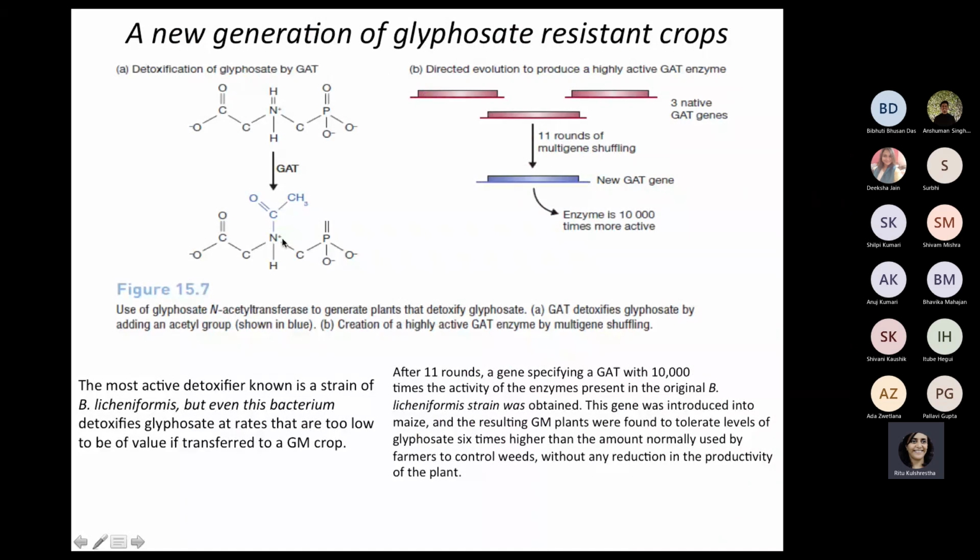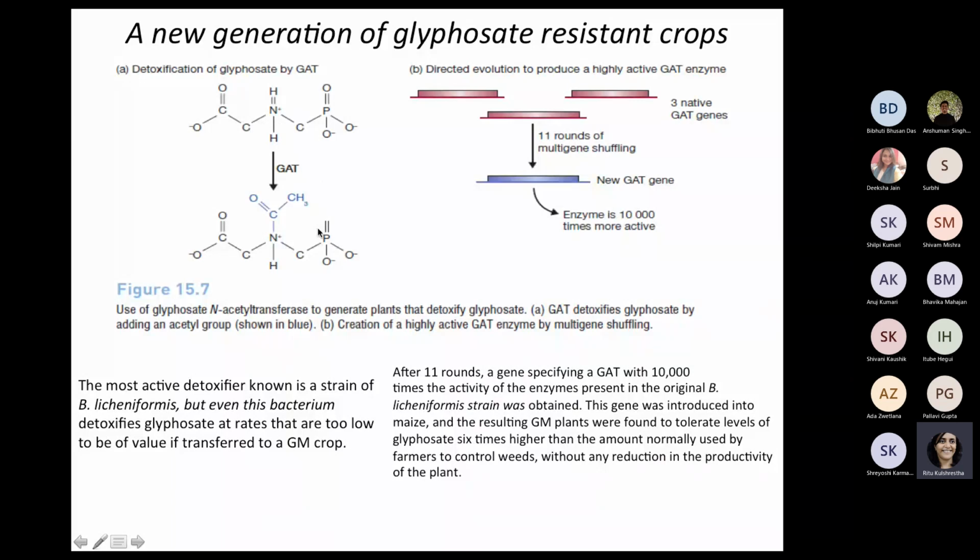You think about the various strategies that scientists come up with. So then they came across an enzyme called GAT, glyphosate N-acetyltransferase, which brings about detoxification of glyphosate by adding an acetyl group to it.